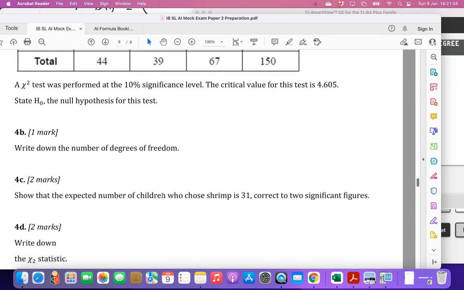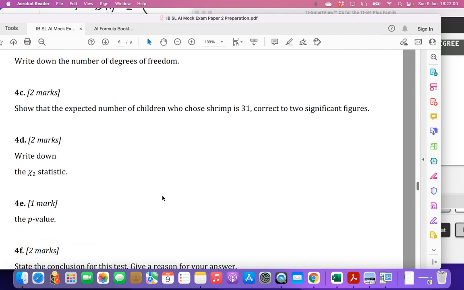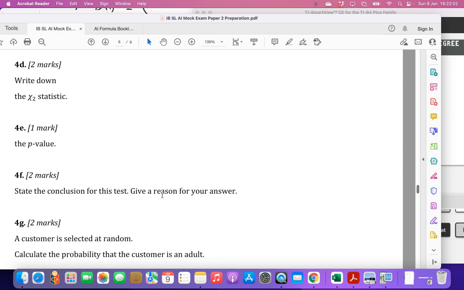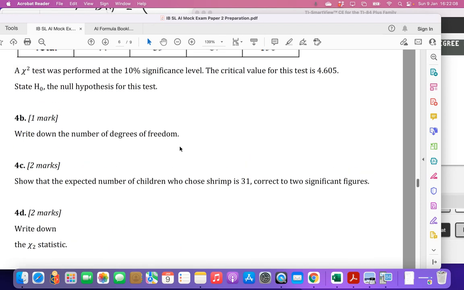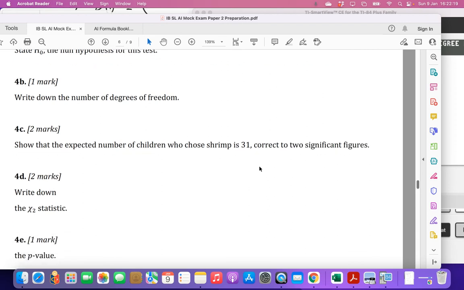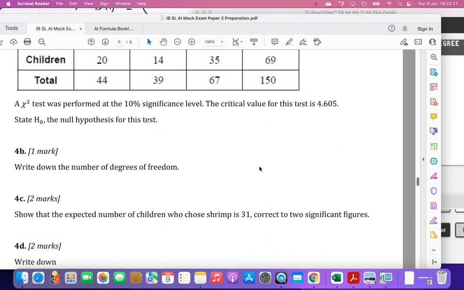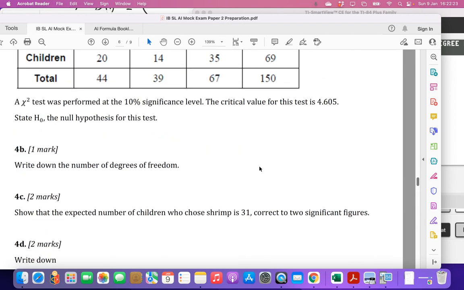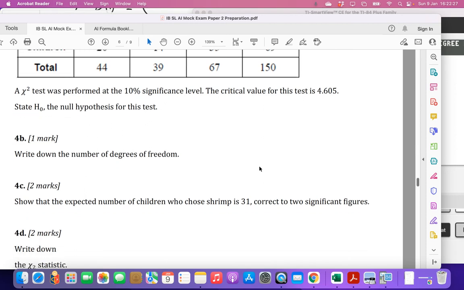So write down the chi-squared p-value. State the conclusion for this test. Okay, so is this a high chi-squared value? No, it's low. The calculated is lower than the critical. Is it a high p? Yes, the p-value is greater than the significance level, 0.1.